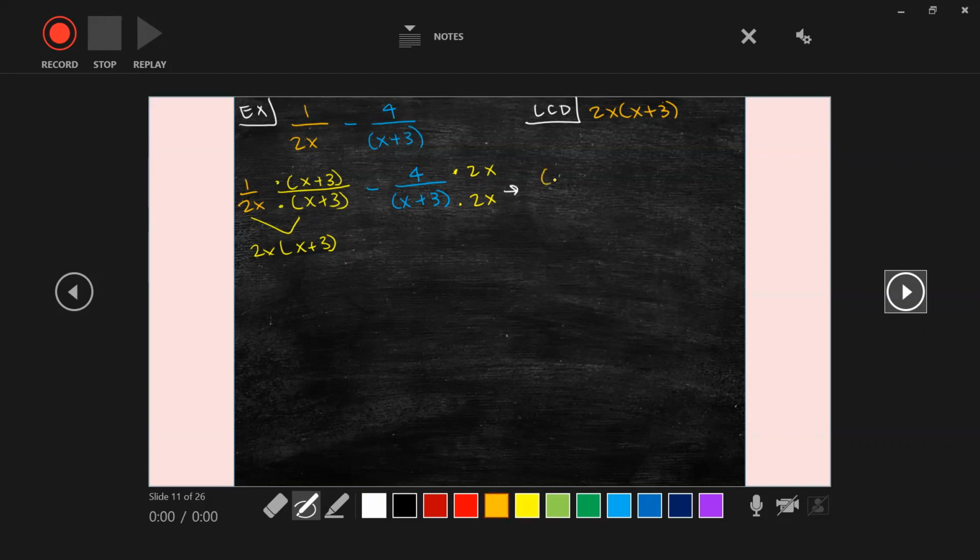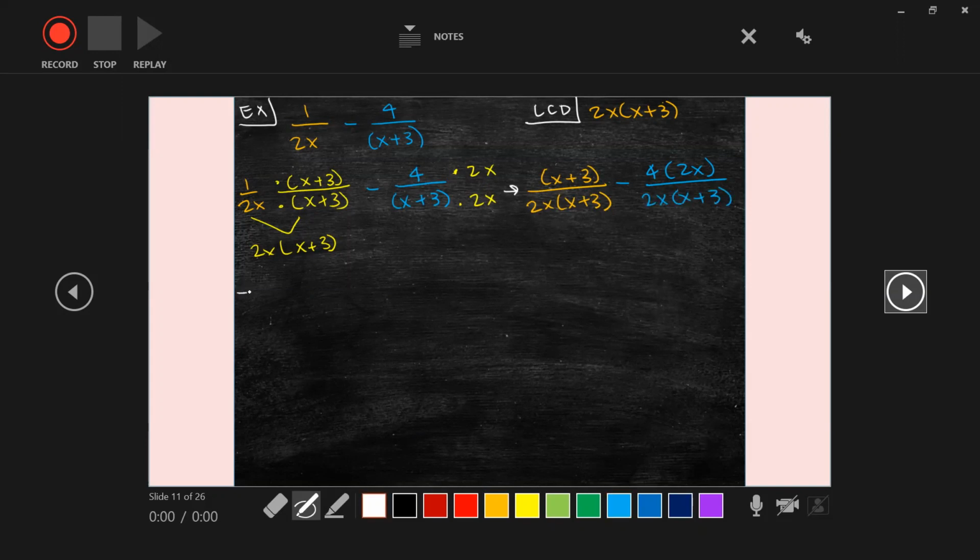So now I have x plus 3 all over 2x times x plus 3. And I'm subtracting 4 times the 2x with 2x times x plus 3.